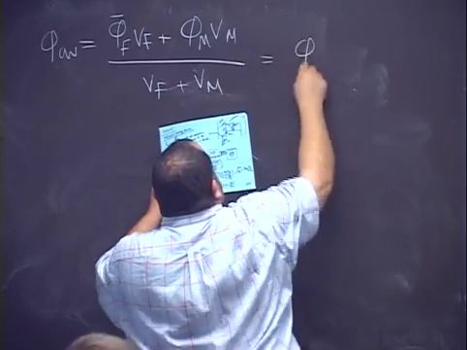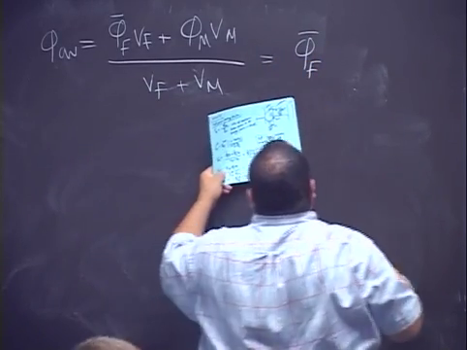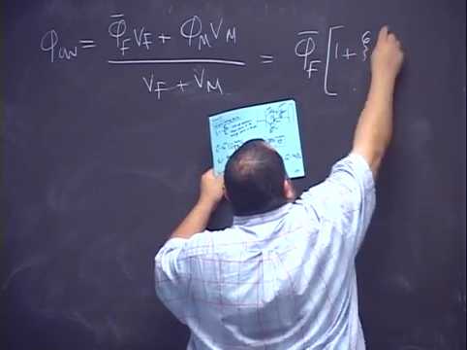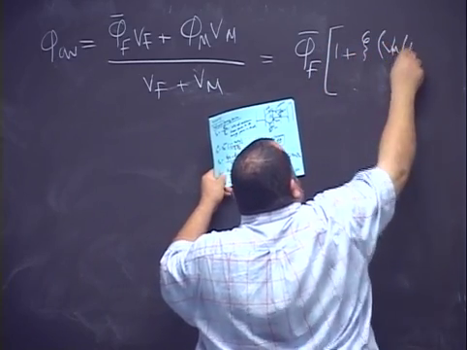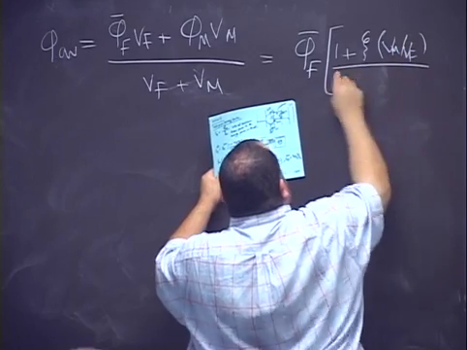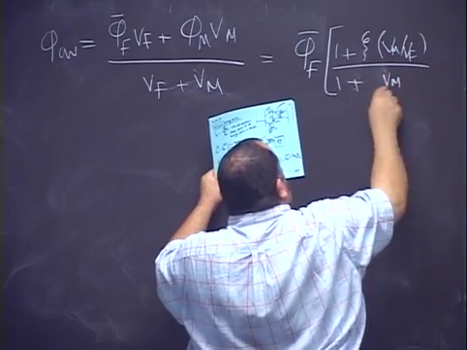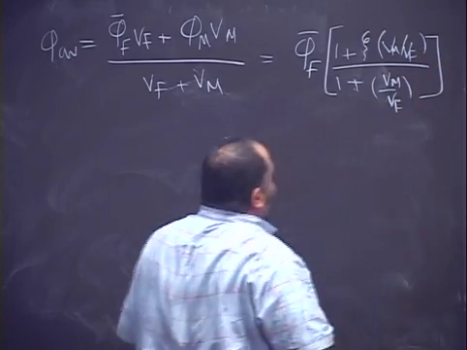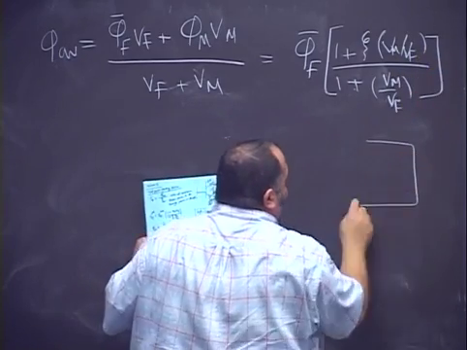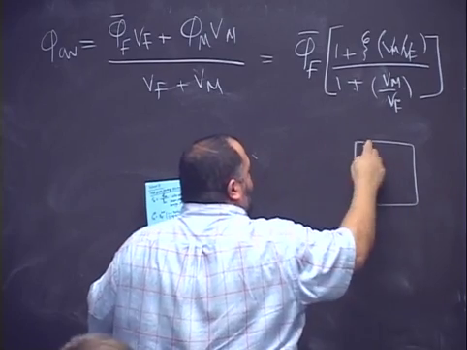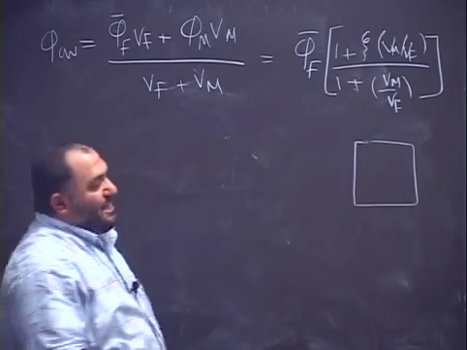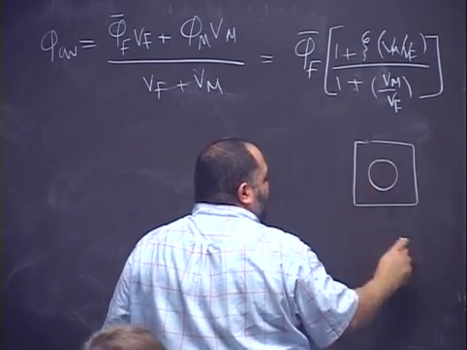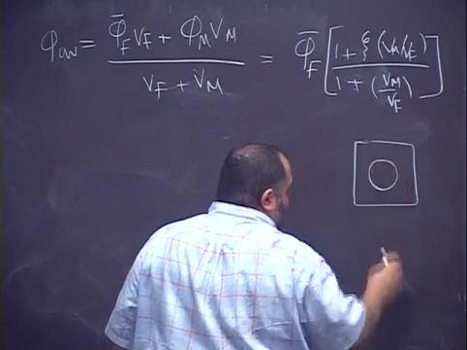And if you take the average flux in the fuel as a common factor, this will give you 1 plus Xa Vm over Vf divided by 1 plus Vm over Vf. I'm not talking about the slab case, I'm talking about the cylindrical case. So in the cylindrical case, this is an exaggeration.